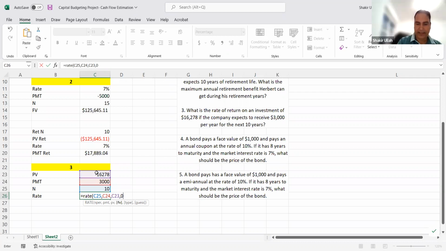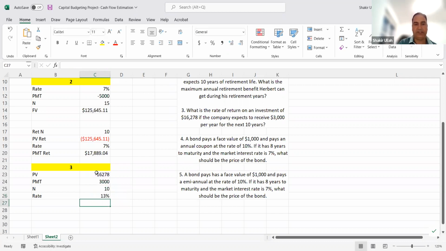And type: you can type a 0 or just close the parenthesis, so it assumes a type 0. And we press enter. So that means this investment is actually offering us a 13% interest rate.